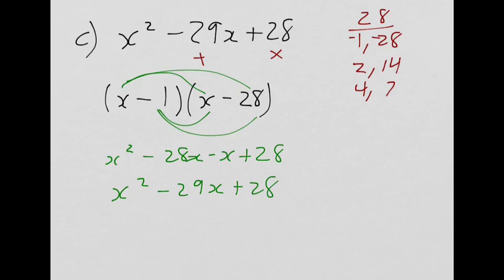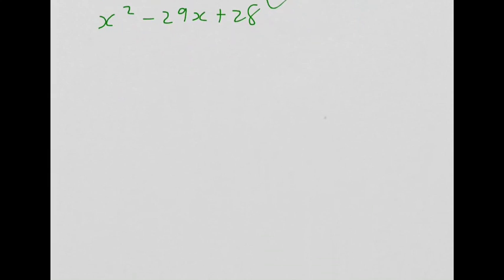It worked. Okay, so we know we're right. With me? Okay, one more and then I'll get you to try it on your own here. Actually, you know what? I'm gonna keep doing the rest of them, and then I'll give you a few on your own.